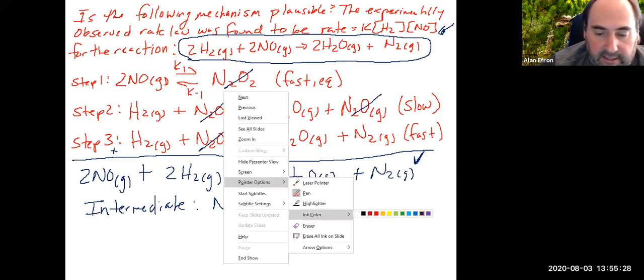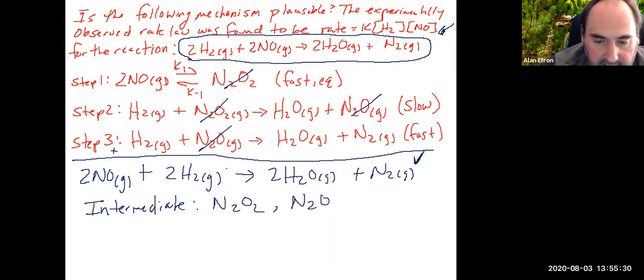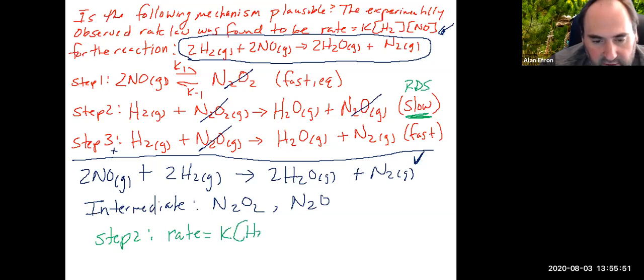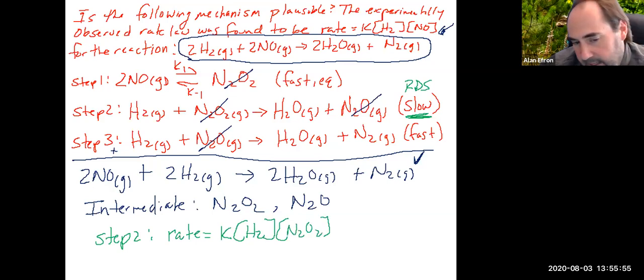In this particular case, that's pretty easy to find because this one right here is labeled slow. So this slow step here would be our rate determining step. That means that if we write the rate law for step number 2, we get that the rate equals K times H2 times N2O2.